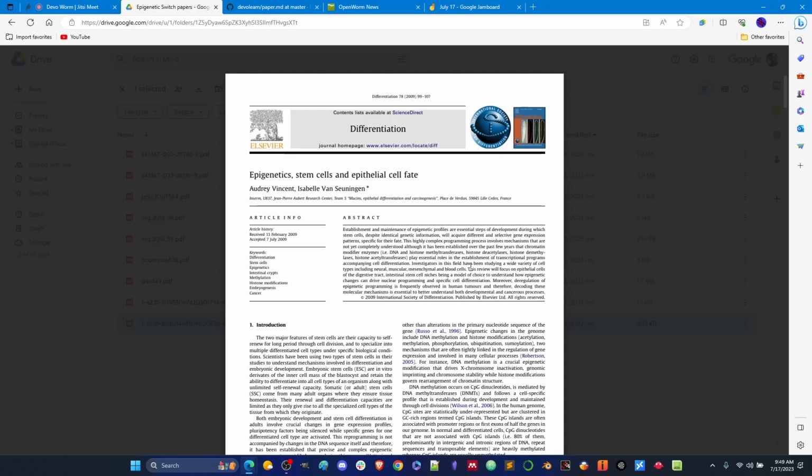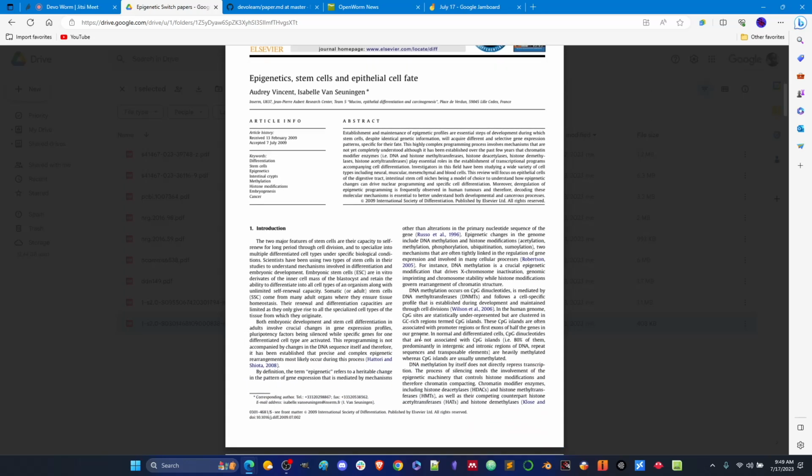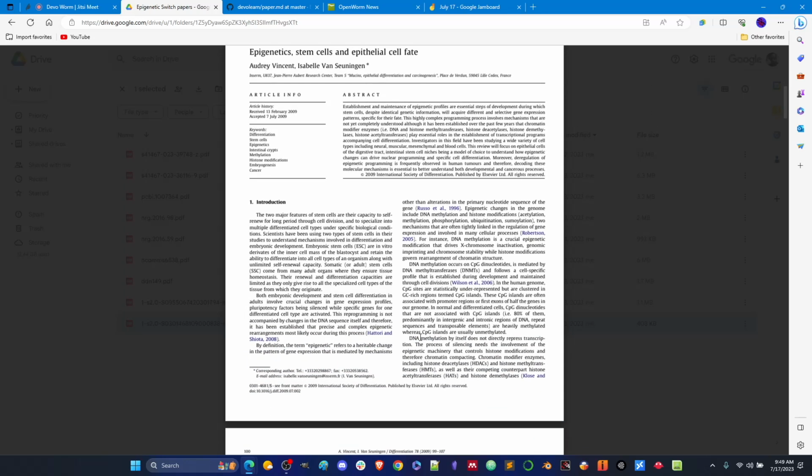The switch can be in different states, and it's not that they've necessarily demonstrated this, but it's always associated with different cell types.